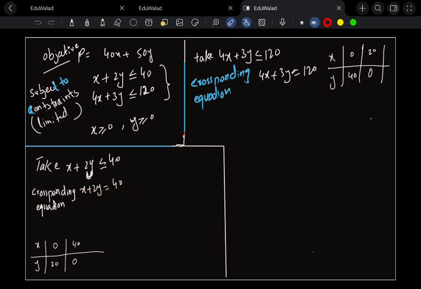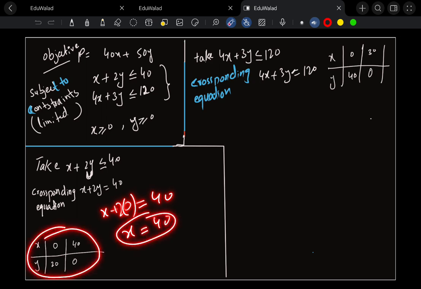Put 0 as x: 2y equals 40, so y becomes 20. When we put 0 as y, x becomes 40. So we have these two points for this constraint.